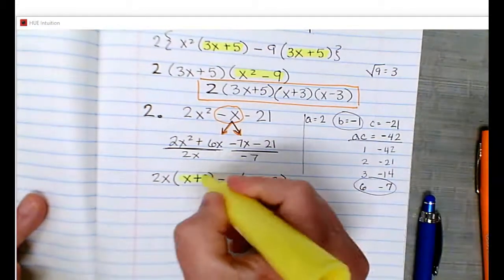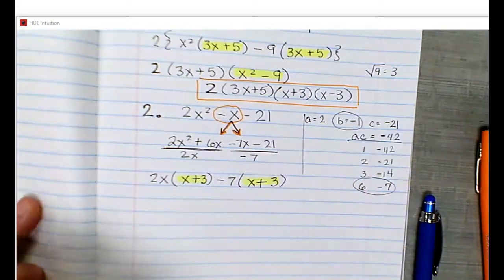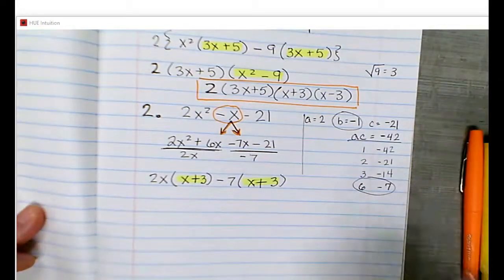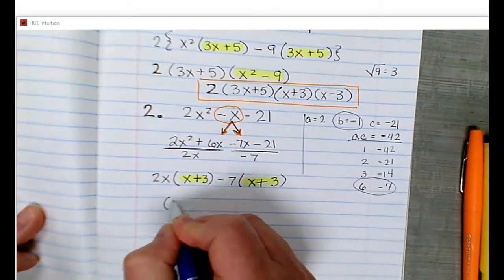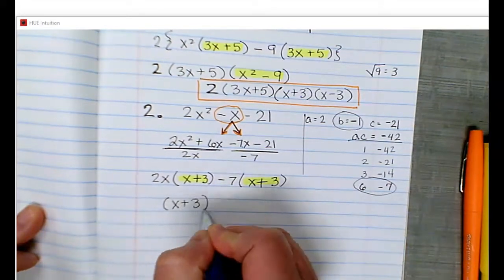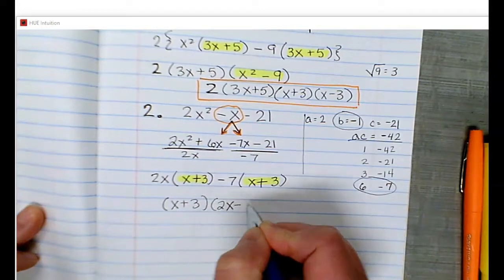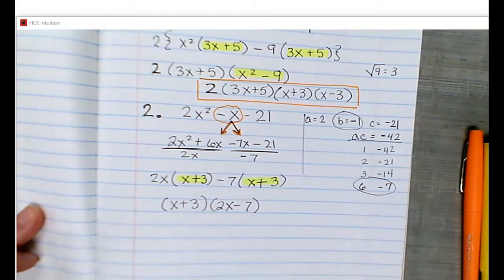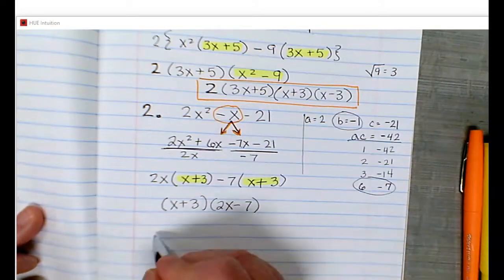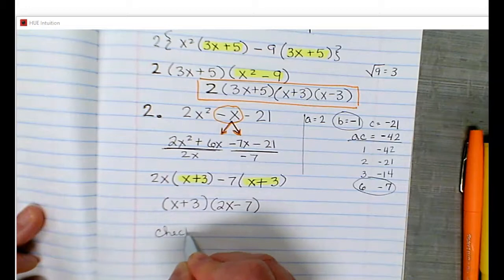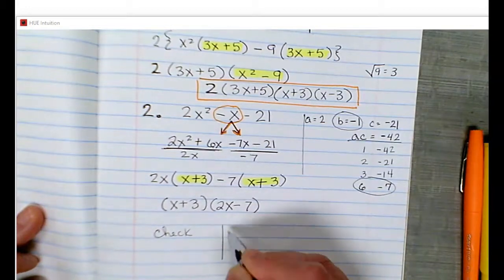When you get to this step, if you have used the GCF and the correct factors here, you should find a common factor. Let's check it out.